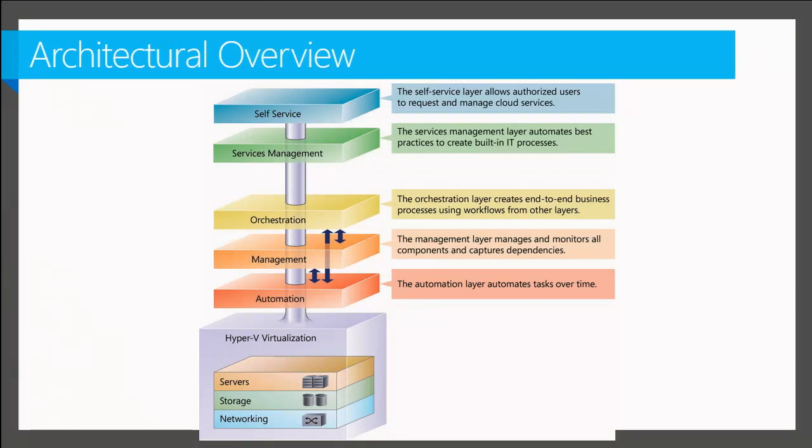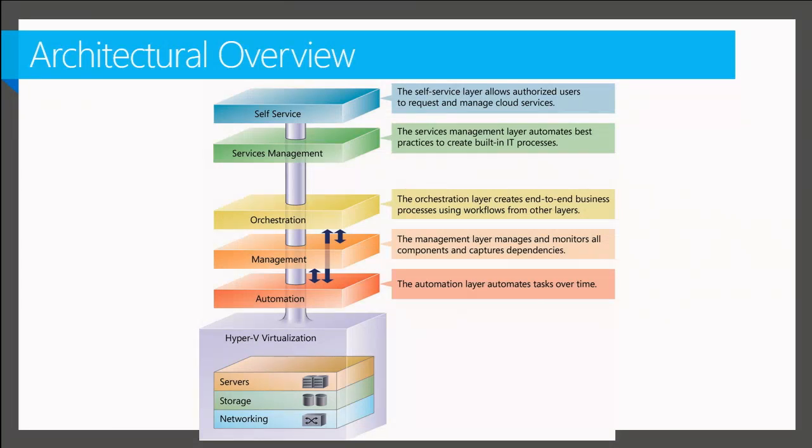So the management tier, which I'll dig into in more detail, are the things that control the fabric itself and do things like automation and orchestration. The orchestration tier up above is what talks to the management layer. So Orchestrator talks to Virtual Machine Manager and tells it what things to do. Virtual Machine Manager is what talks directly to the fabric. Service management can be quite a large tier or a very small and compact one, depending on the needs of your environment.